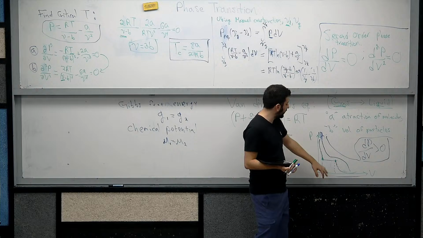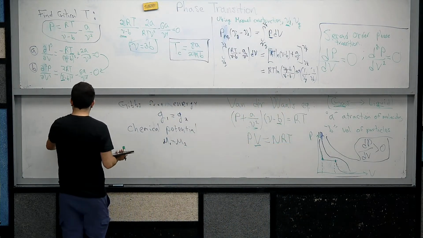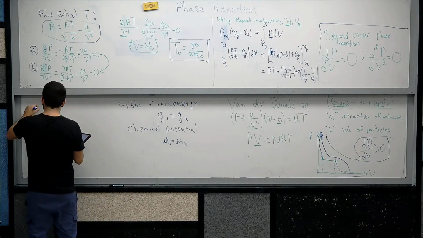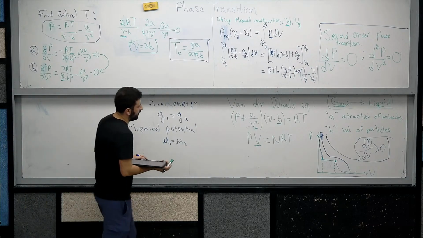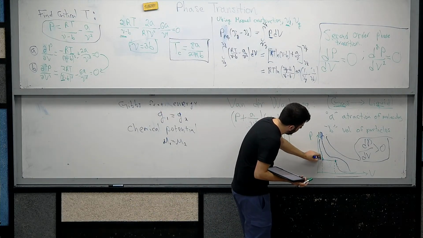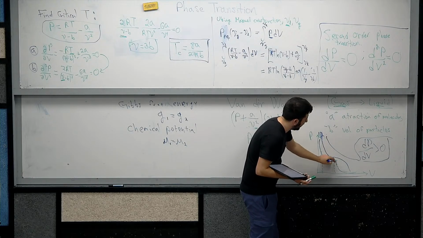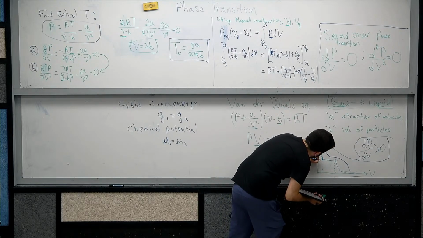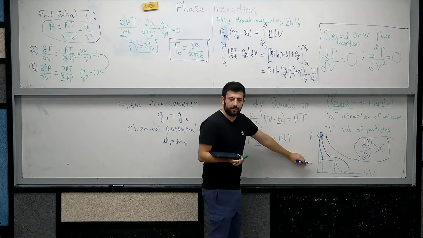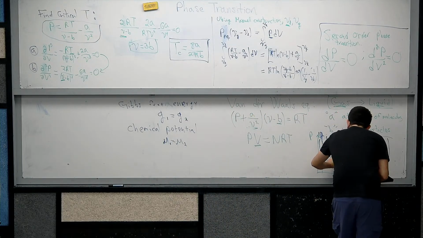So when we are not at equilibrium, a way to say that is that if we approach from here, we have an expression for the pressure, and if we approach from here, we have an expression for the pressure. But here it depends on the molar volume of the liquid, and here it depends on the molar volume of the gas.